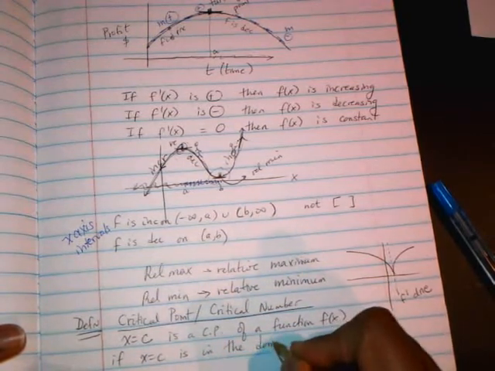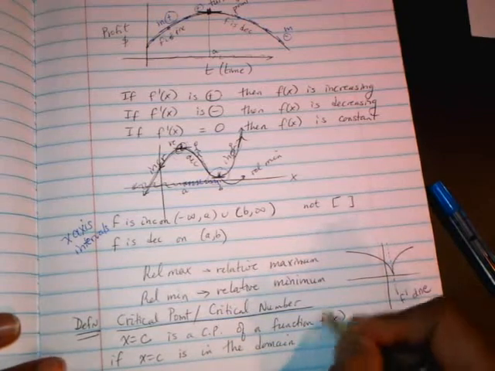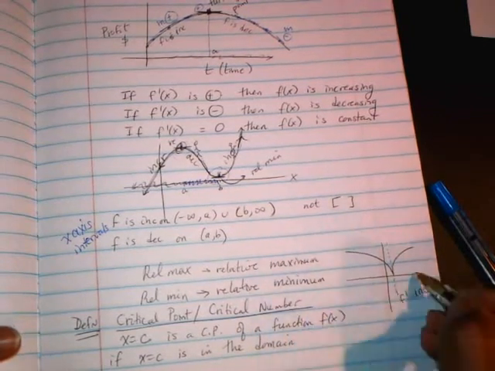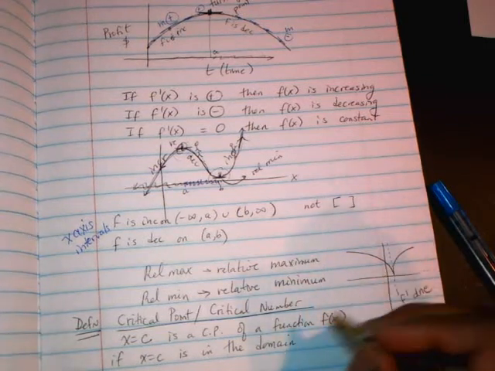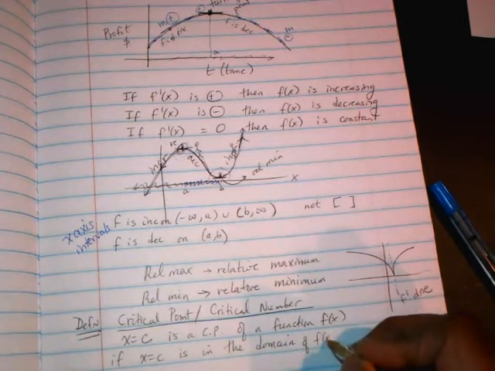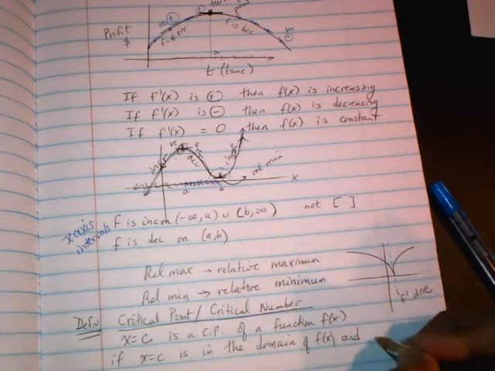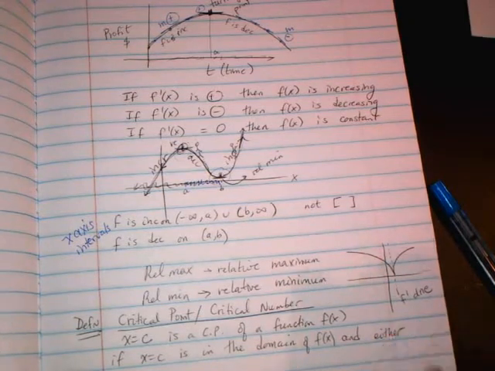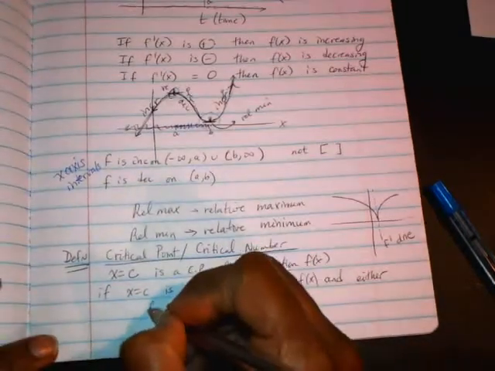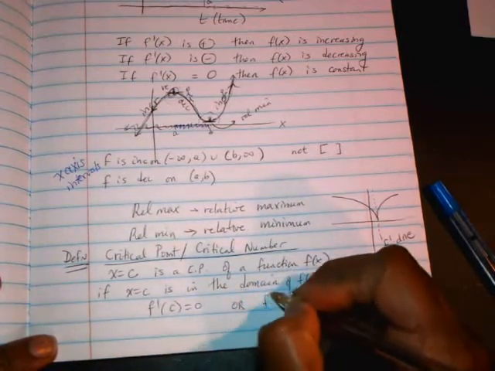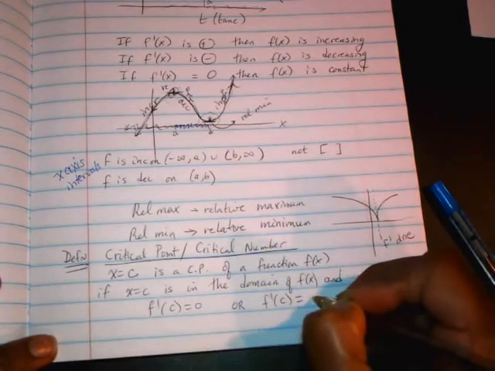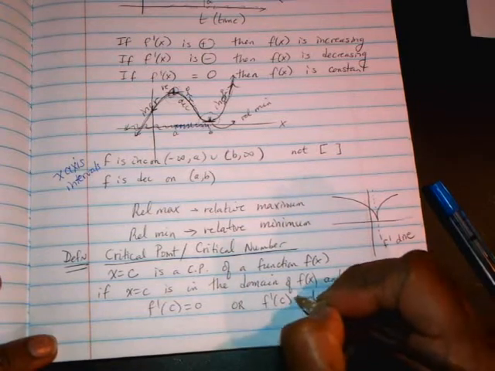It needs to first of all make sense that it works for the function. It can't be somewhere outside the domain. So x equals c is in the domain of f of x, and either f prime of c equals 0, or f prime of c does not exist.